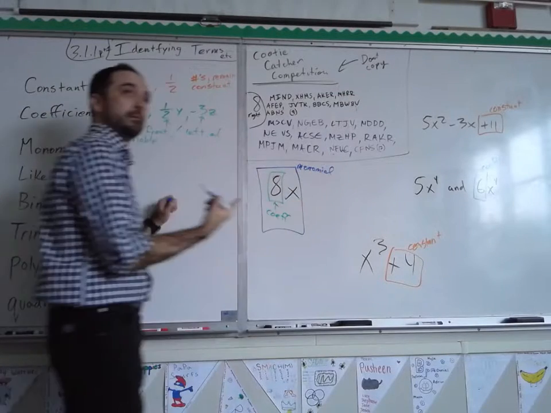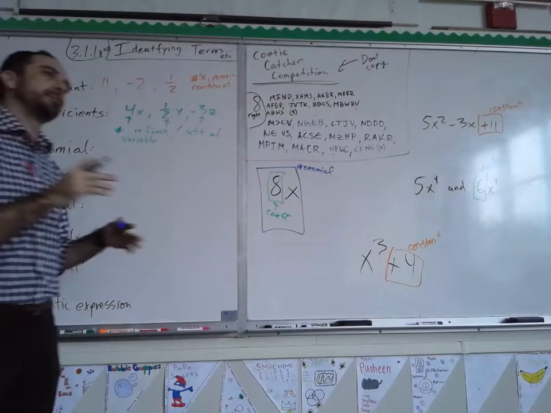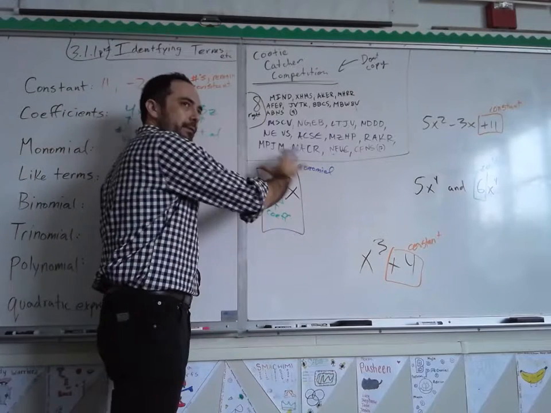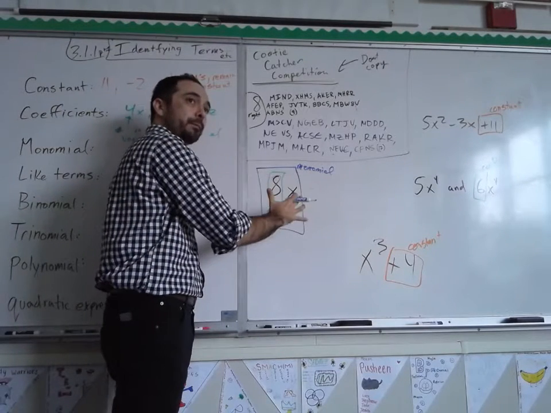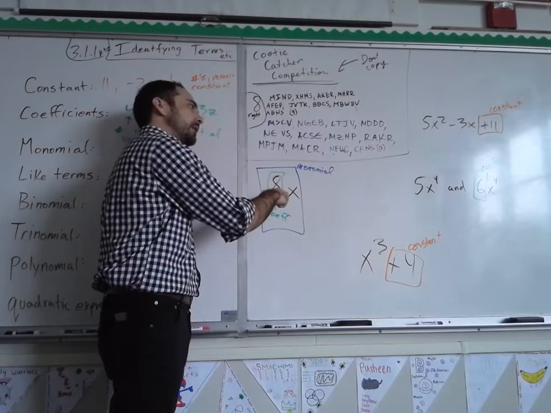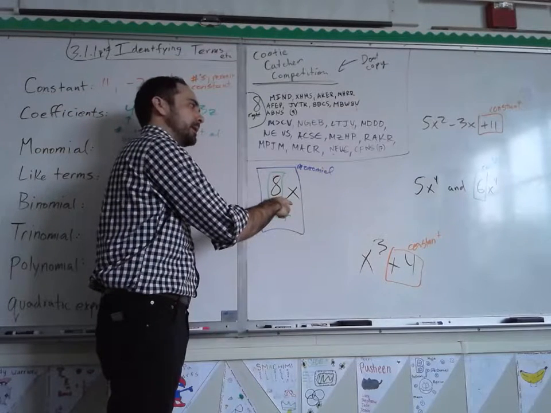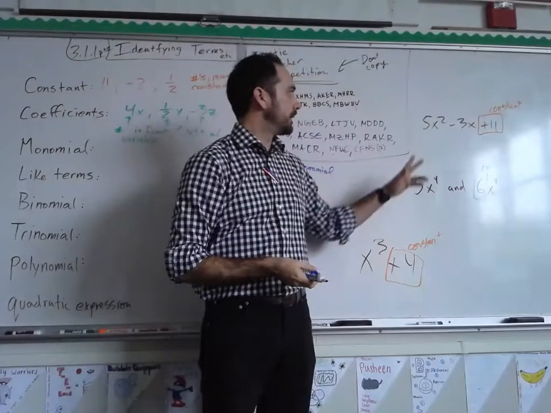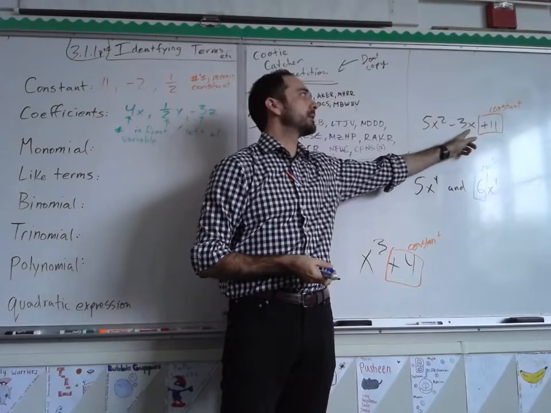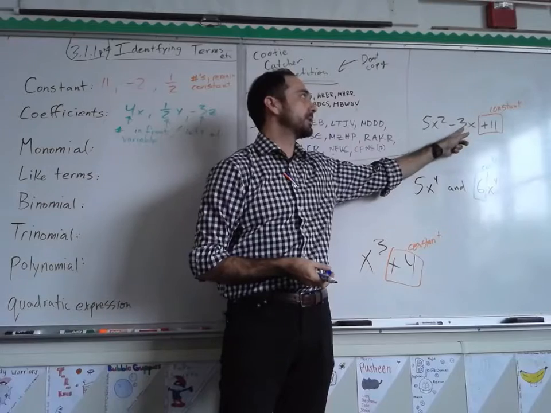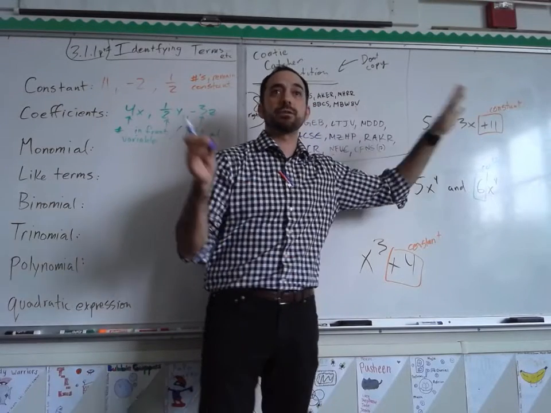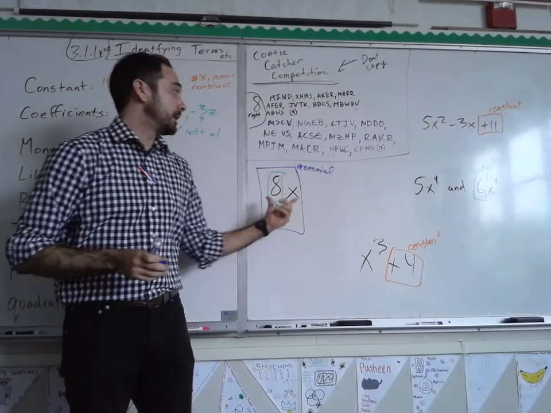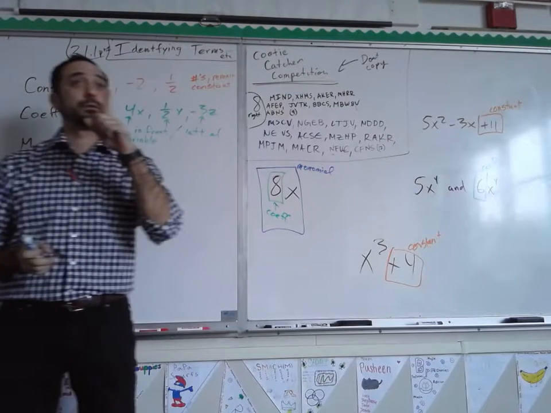Not the coefficient; the coefficient is part of the entire term. There is one variable as well. But in the case over here, if I single out negative 3x, this also has a coefficient and one variable. So to refine that a little bit, a monomial only has one term. Okay, one term. So let's go ahead and put some examples.